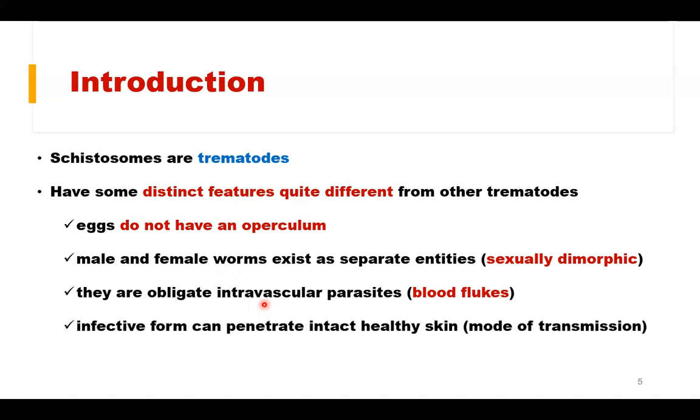When we talk of lung flukes, that's Paragonimus, or you can have the liver fluke and what have you. The infective form can penetrate intact, healthy skin. This is very important because you don't need to have any form of skin pathology for this infective stage to penetrate the skin. Is that clear?